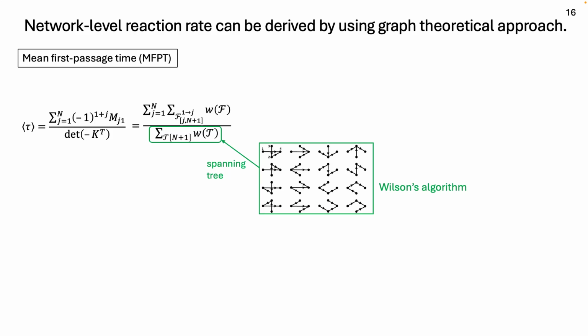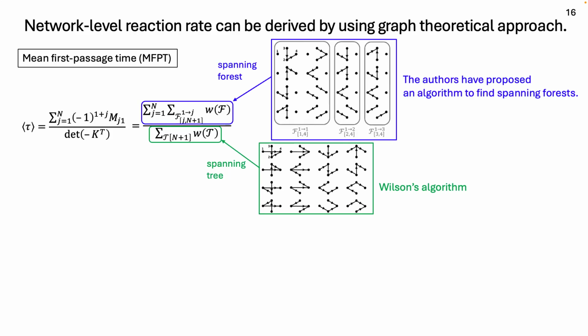And notably, in graph theory, there is an efficient algorithm to find these subgraphs. It's called Wilson's algorithm. So far, I didn't check that this algorithm works correctly, but the professor said there is such an algorithm. And then the numerator can be calculated using the summation over spanning forests.